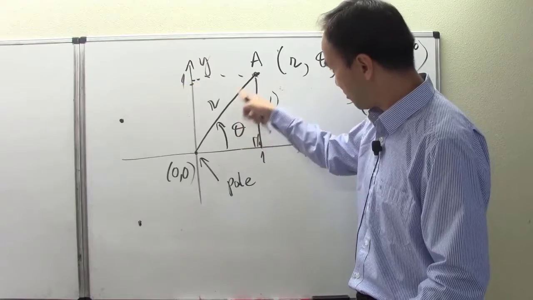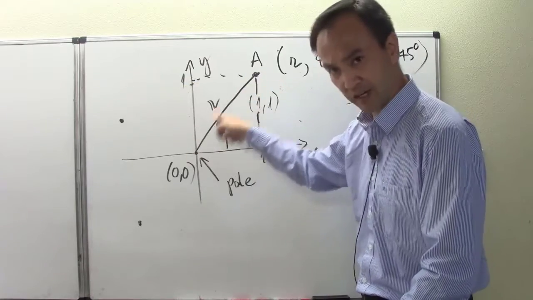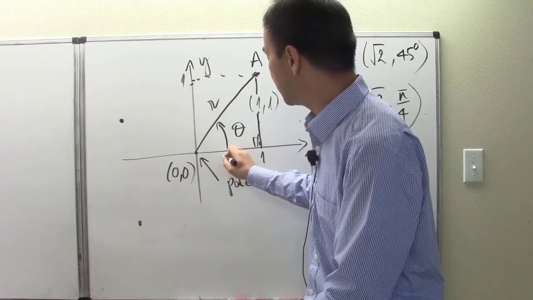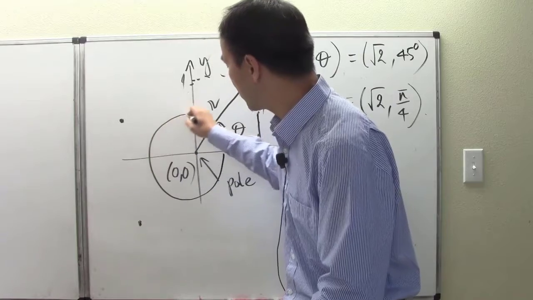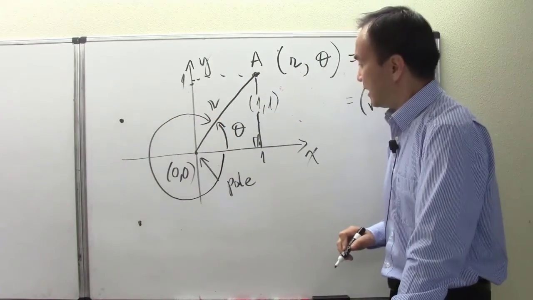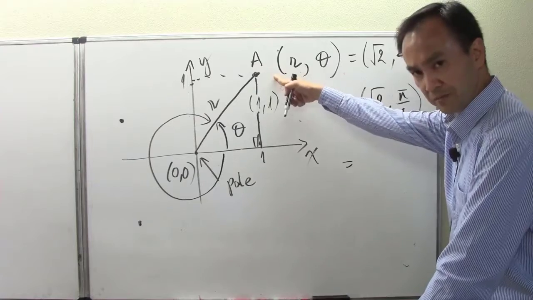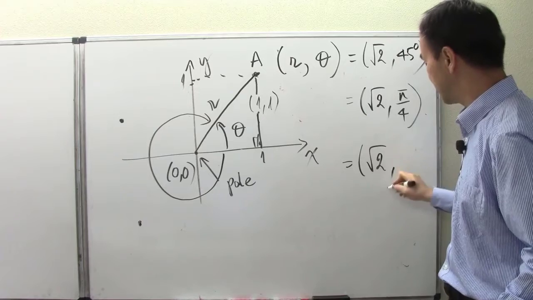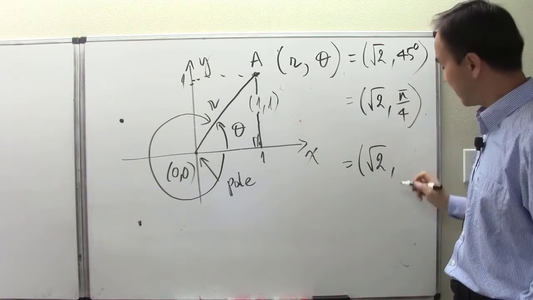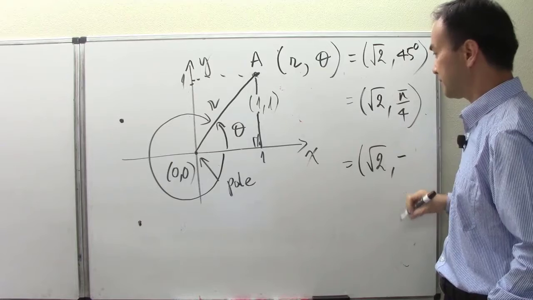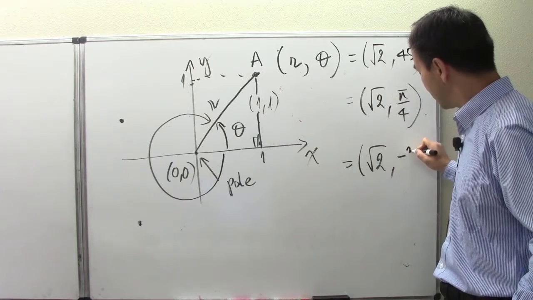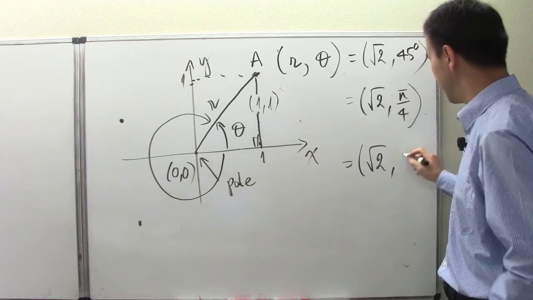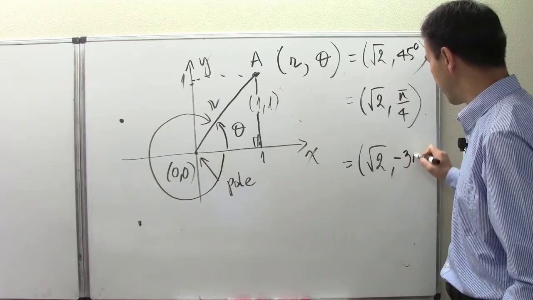But the same terminal side of the angle is also the same as having a negative, clockwise rotation. So the same point at distance square root of 2 can also be seen with the angle negative 315 degrees.